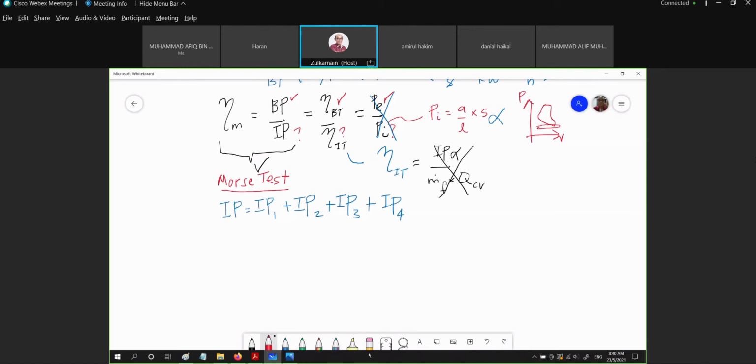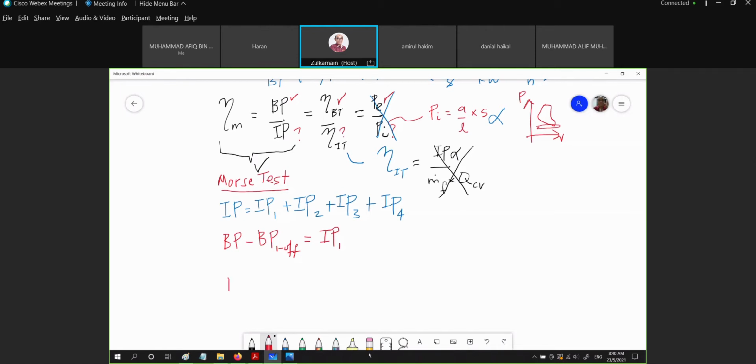Kita tahu yang kita dah belajar bahawa BP minus BP 1 off, kita akan dapat IP number 1. Ini kita dah lihat kan sebelum ni. Mana kita dapat? What is BP?